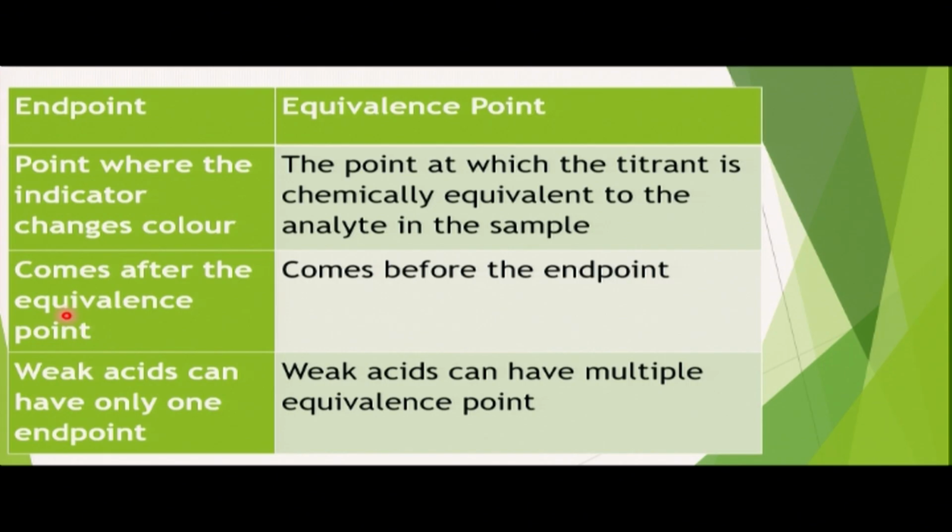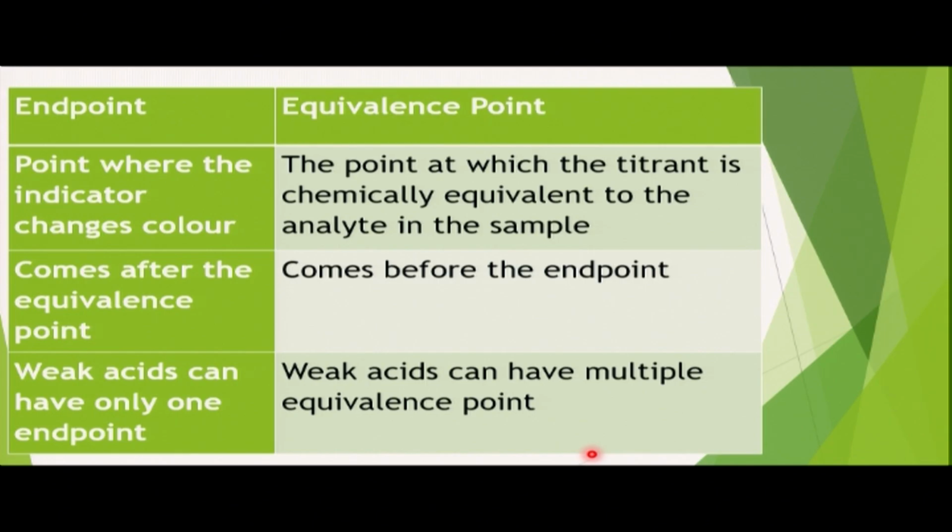By the time you see the end point, when I said please, we will need to follow these two lessons all together, because we need to check and see when the end point happens and when the equivalence point takes place. So that is the main difference. Weak acids can have only one end point, and some weak acids can have multiple equivalence points, but that one we'll talk about later on.